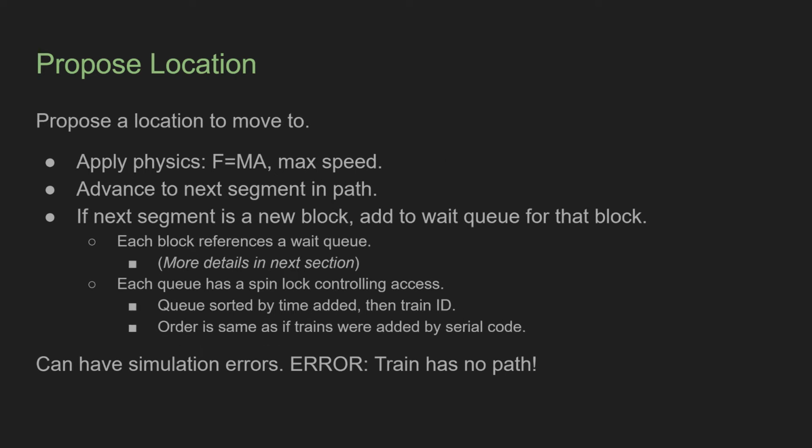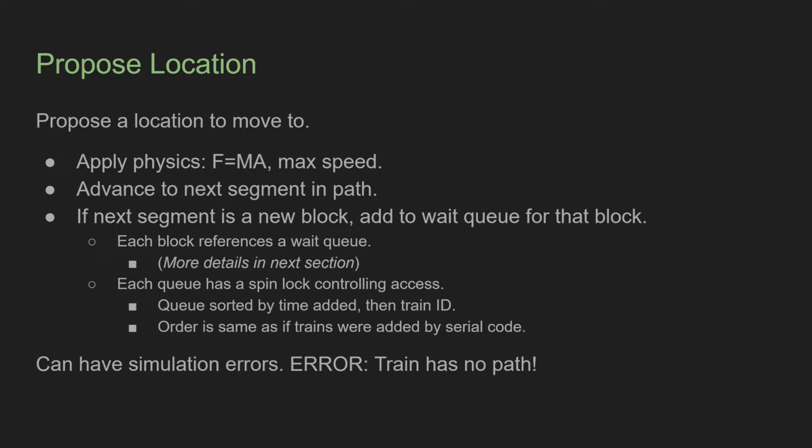There are also the more mundane updates that only involve a single train. This involves the basic acceleration of the train, and also having a max speed that's based on the curvature of the track. Whenever a train gets to the end of a segment in a track, it then goes to the next segment that's described in its path.